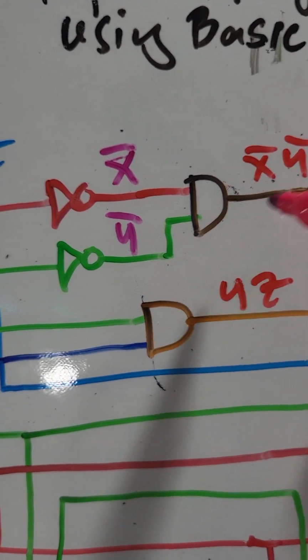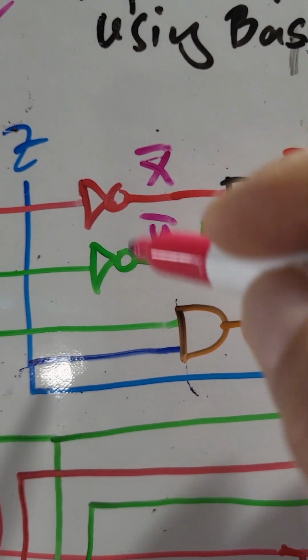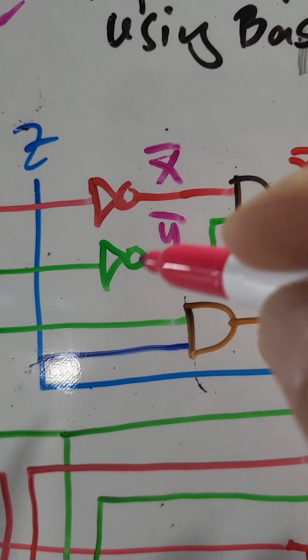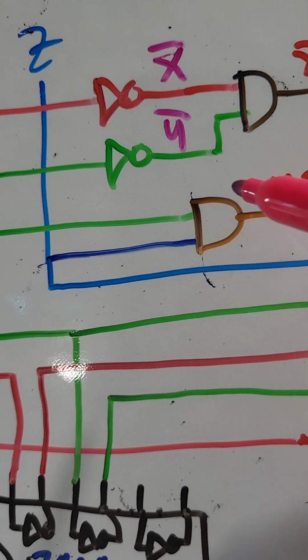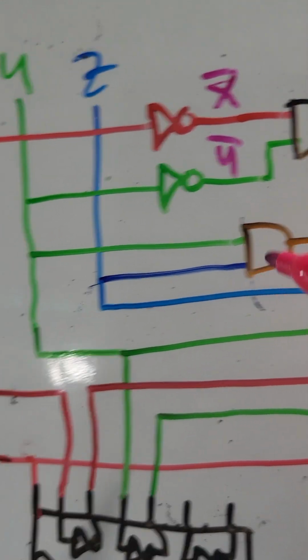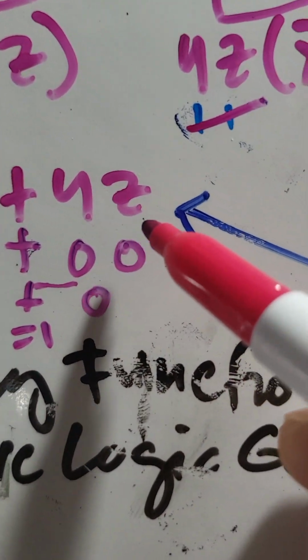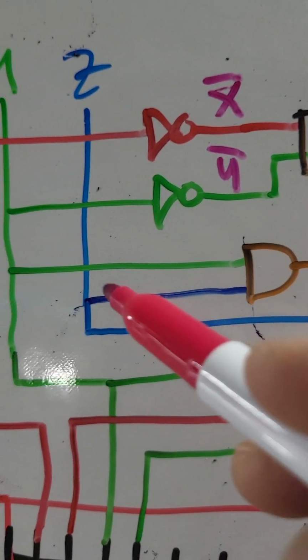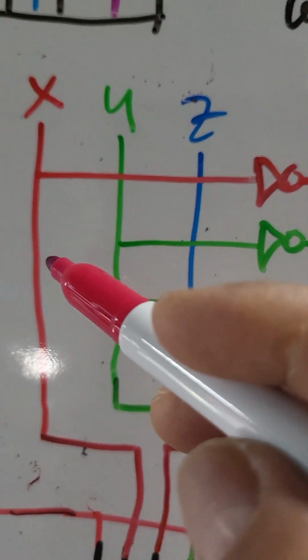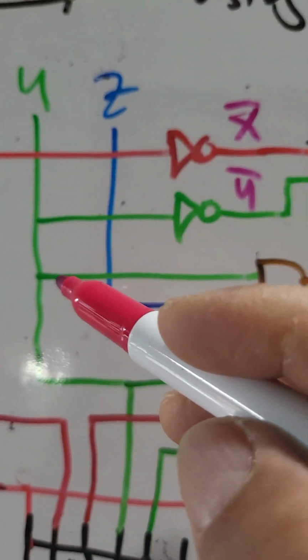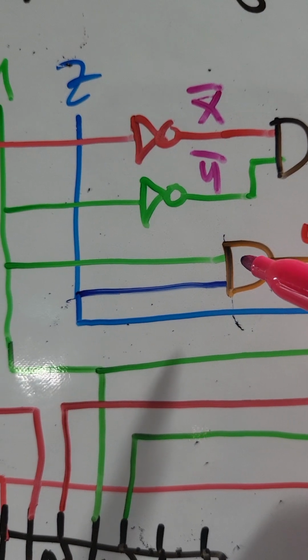AND meaning multiply. And this is an inverter gate. There's another AND gate here. So that is x bar, y bar here. And the next is yz. So y, we tap on the y connection. So another AND gate.